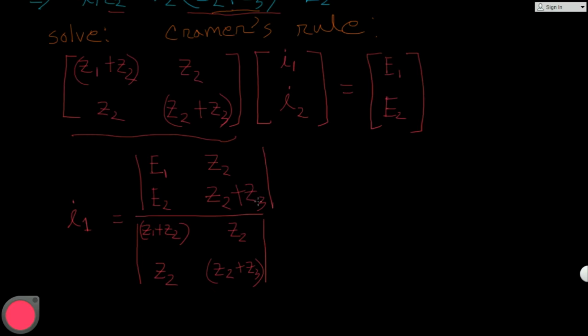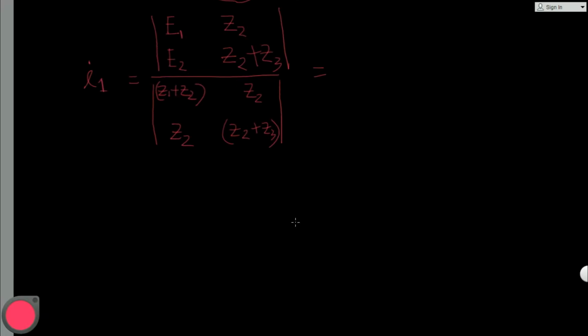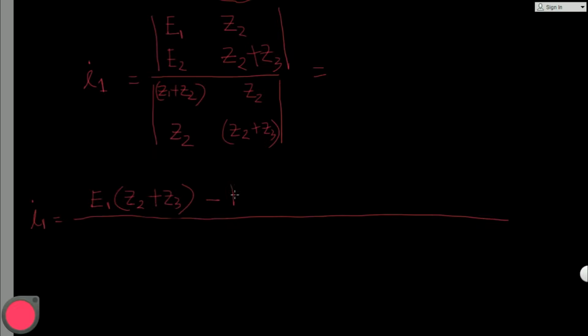This is the easy way to solve the complex equation. See that I wrote E1 and E2 on the left side because I1 was on the left side and I2 was on the right side. If you wanted to find out I2, you have to write E1 E2 on the right side.